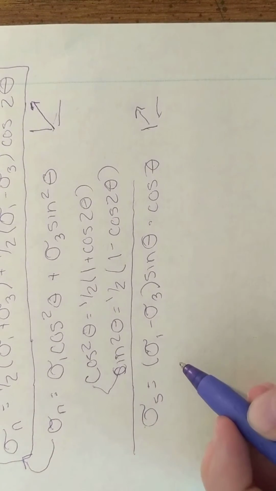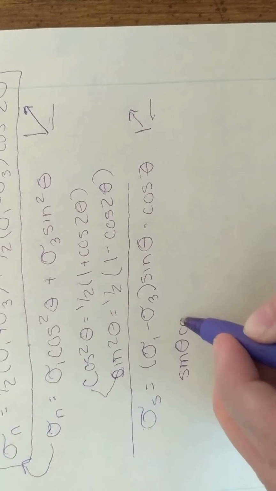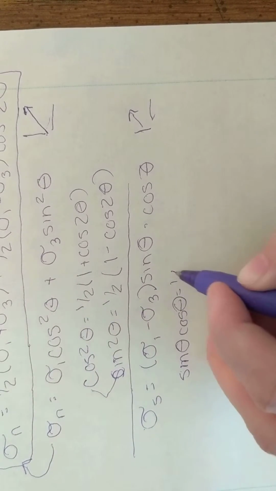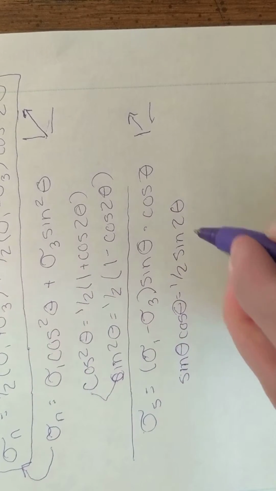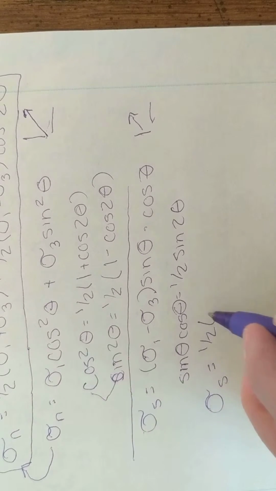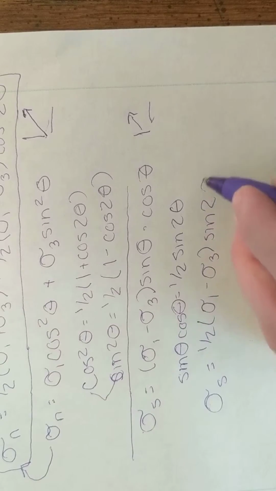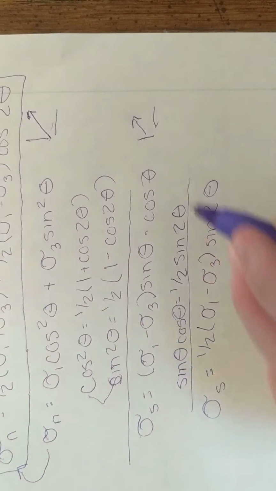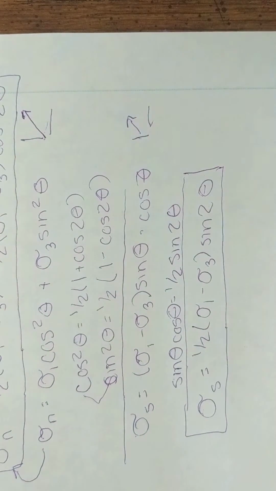We substitute in the following rule. So sine theta cosine theta is equal to 1/2 sine 2 theta. So our final equation for sigma s is 1/2 (sigma 1 minus sigma 3) sine 2 theta. And this is the equation that we use for our shear stress.